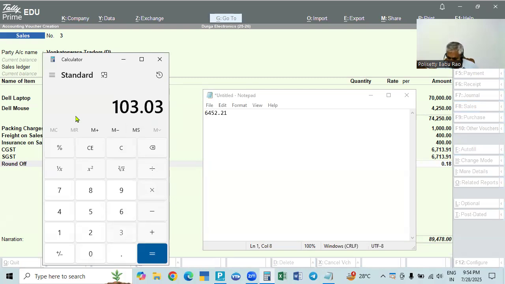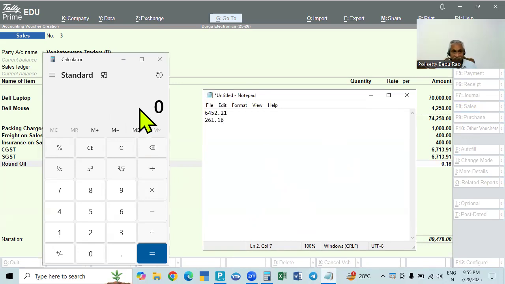So 103.03 plus 4,250 will be 4,353.03. This is the value of the item, the assessable value including the expenses. Into it is only 12%, so CGST will be 6%. In such case, it will be 261.18.